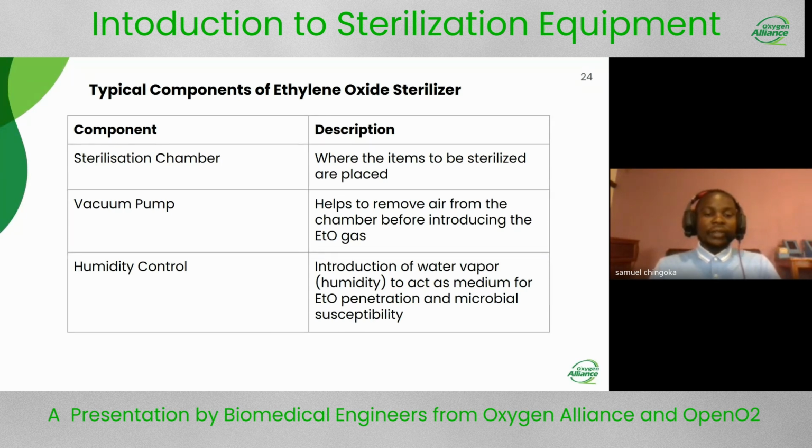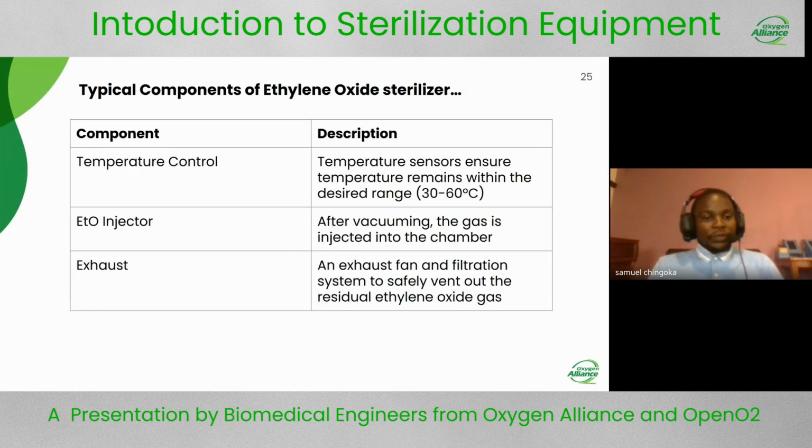We have a humidity control. This is where we introduce water vapor, because it acts as a medium for ethylene oxide penetration and microbial accessibility. We also have temperature control, with sensors that monitor our temperature. We have the ethylene oxide gas injector, which, after we vacuum the air out of our system, feeds the ethylene oxide gas into the chamber.